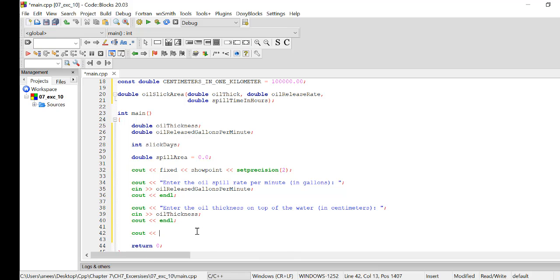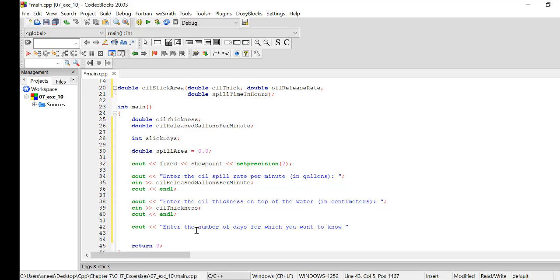Now this right here is going to be enter the number of days for which you want to know the area covered by the spilled oil.